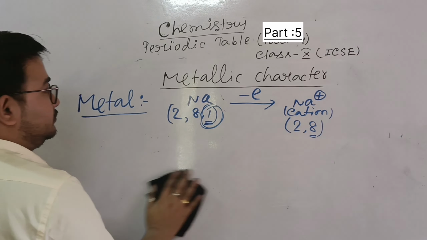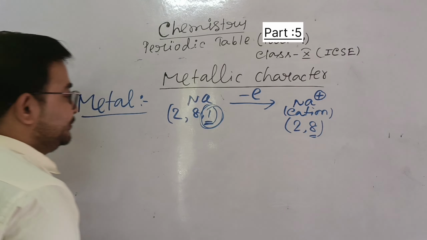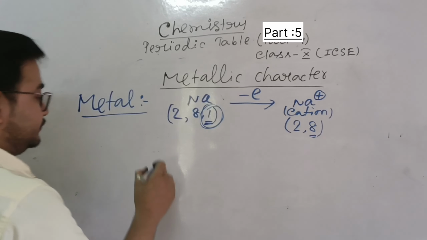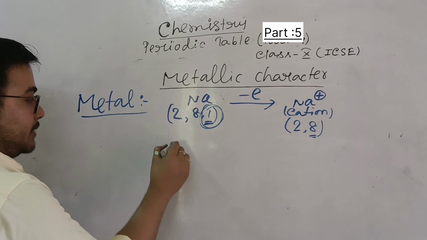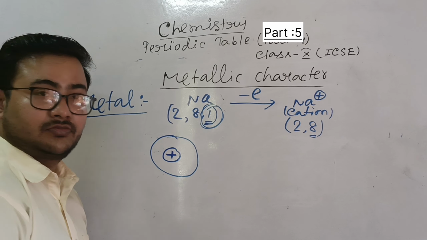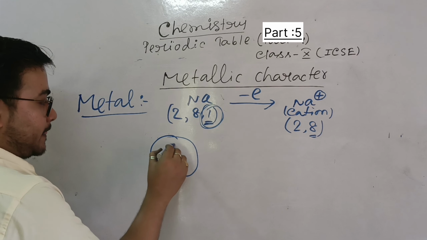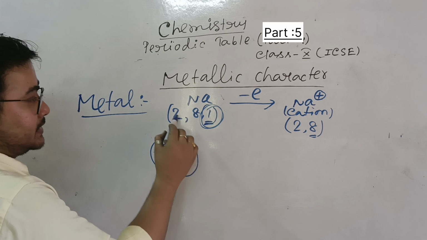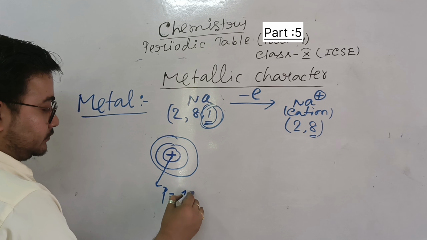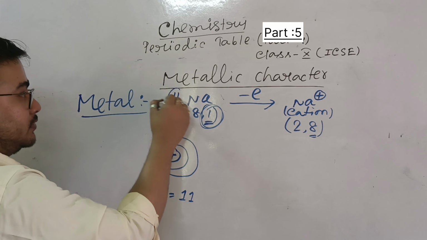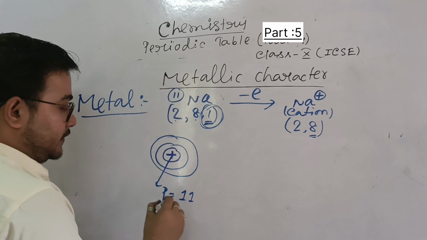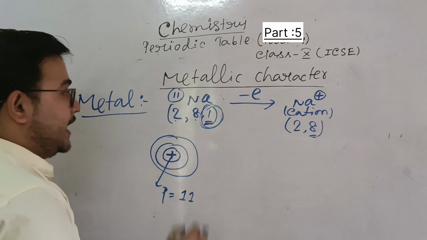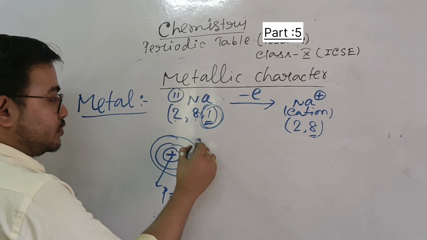Okay, now tell me, suppose this is an atom. Consider here the number of protons is 11, that is sodium. 8 plus 2 is 10 and 1 is 11. So the number of protons is 11, and the outermost shell contains 1 electron.